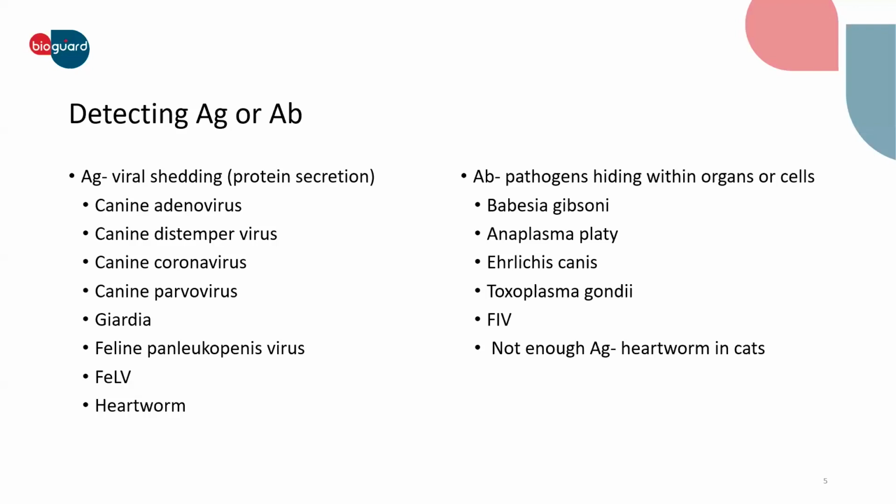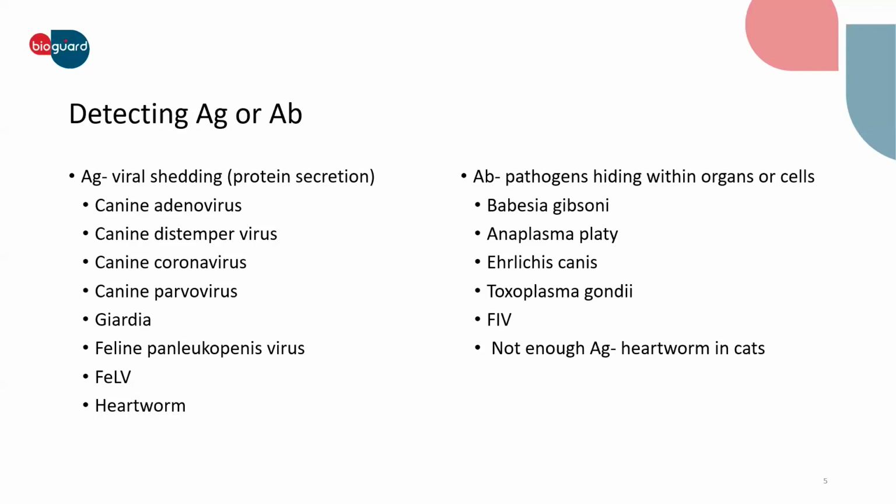After that time, you cannot detect the oocyst from the feces. Sometimes Toxoplasma just hides, forming a tissue cyst and staying inside the tissue. During this stage, there's no way to detect Toxoplasma using antigen detection.